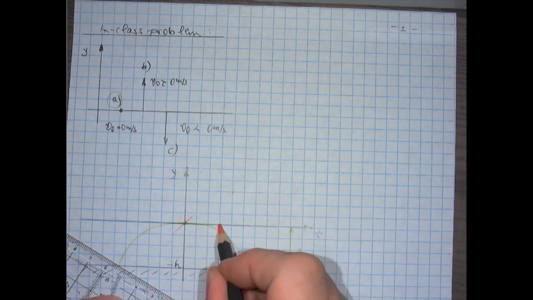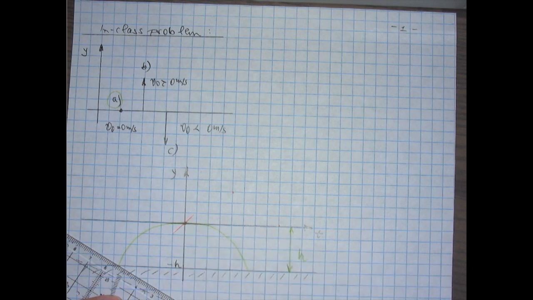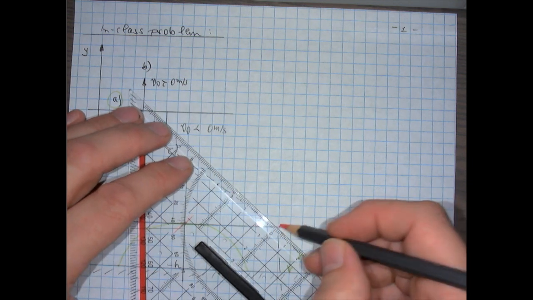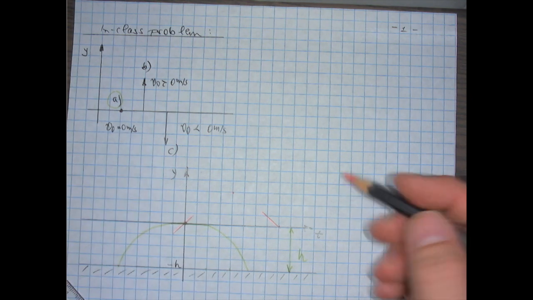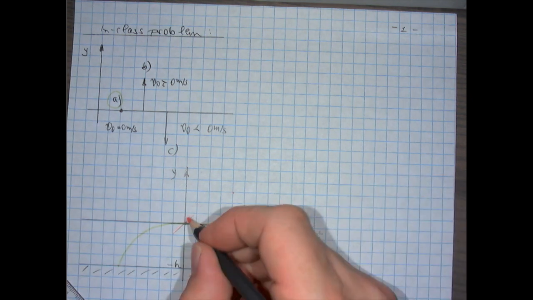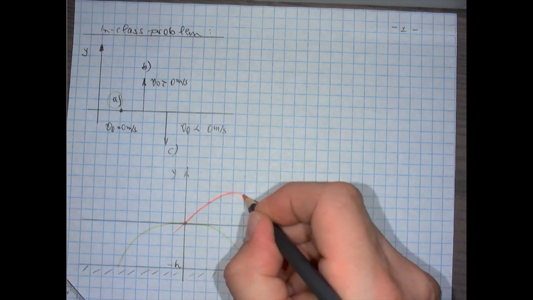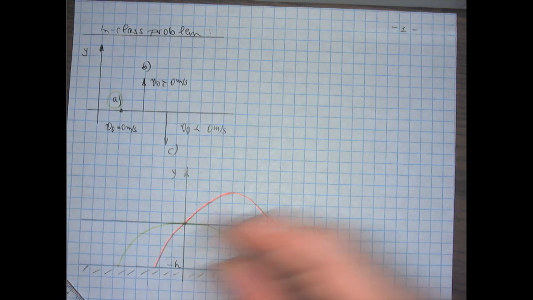So symmetrically, coming back down here. And here, since I'm catching it at the same height, the velocity will be in magnitude, of course, the same, but in the opposite direction. So let me therefore sketch this parabola like this here. And then coming back down here like this.